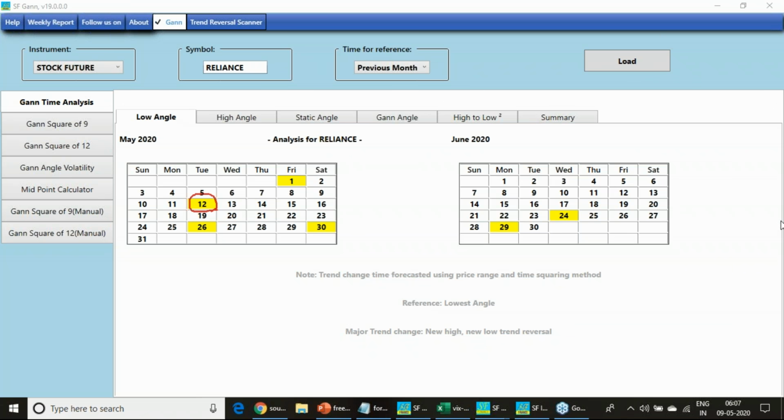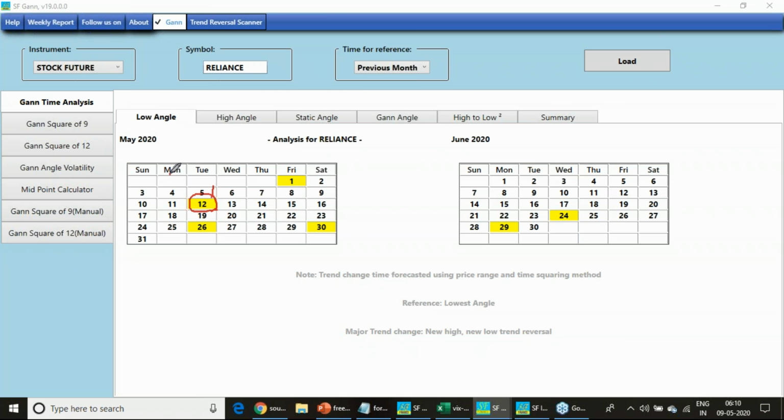So on that particular date, how is it going to help me benefit from this trend reversal date? People think that 12th is the trend reversal date and that they will take some action on the 12th. Once the trend reversal date happens, you do not have anything to do.